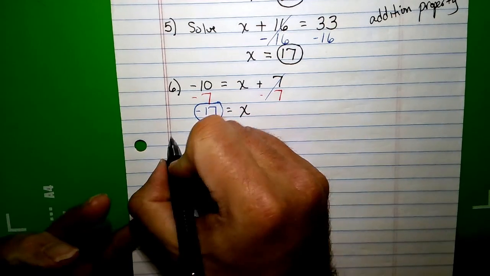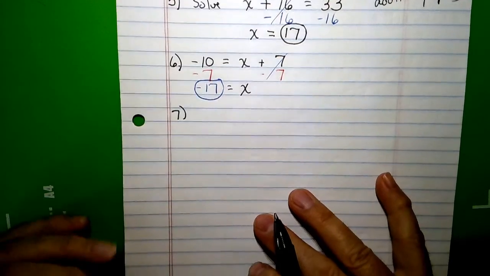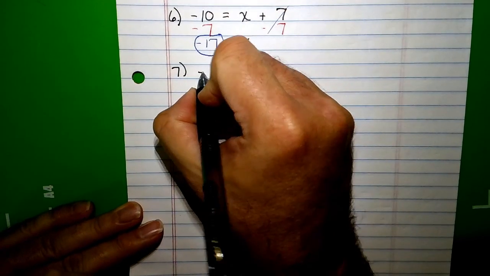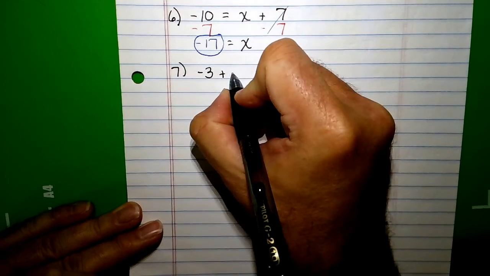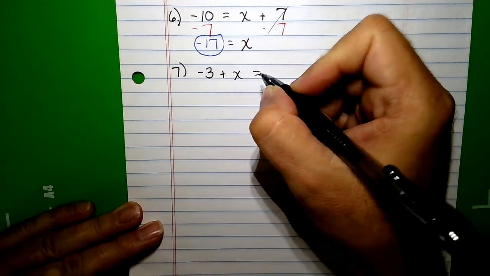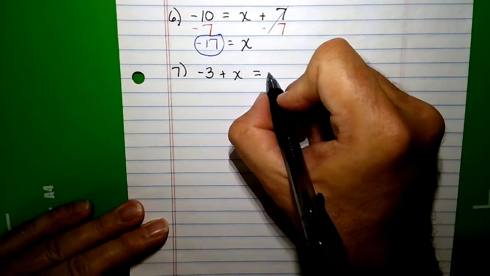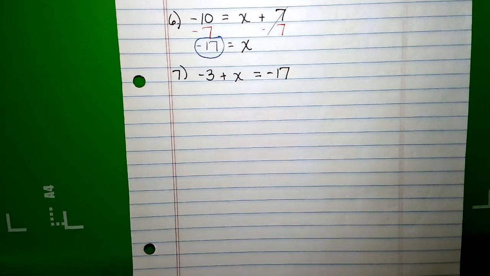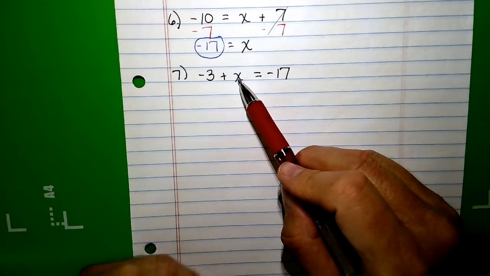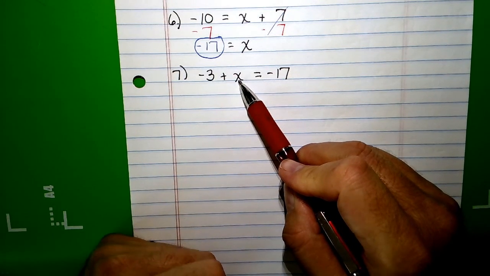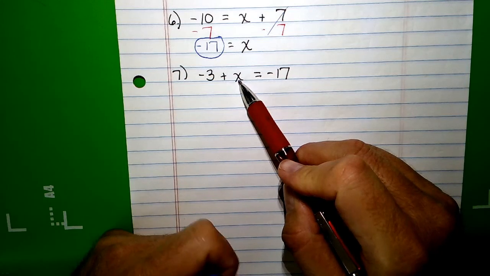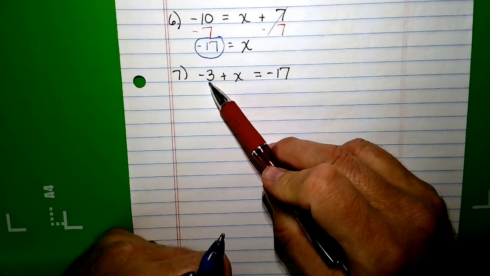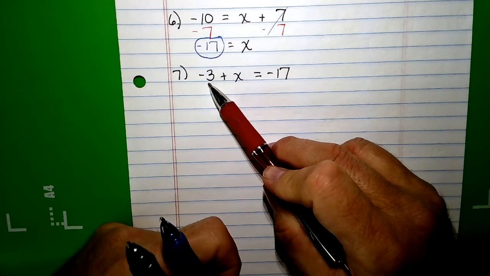Number 7, negative 3 plus x equals negative 17. Well, I want this x by itself. So, what will I do here? Should I add 3 or subtract 3 from both sides?